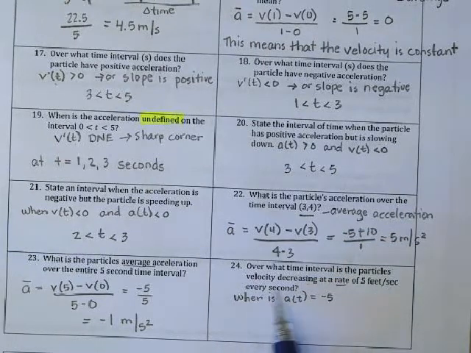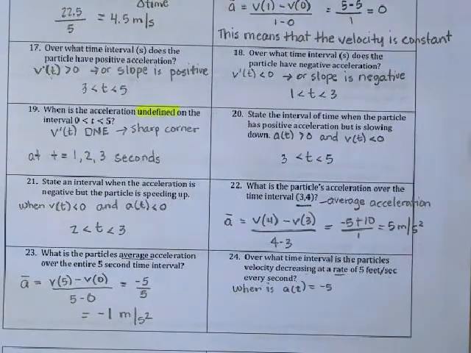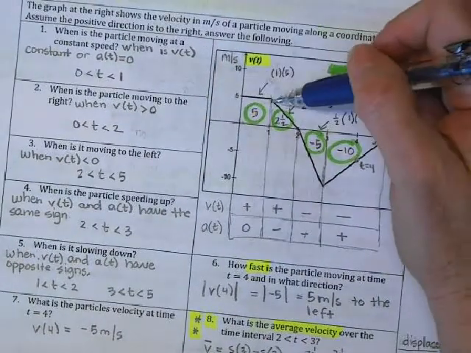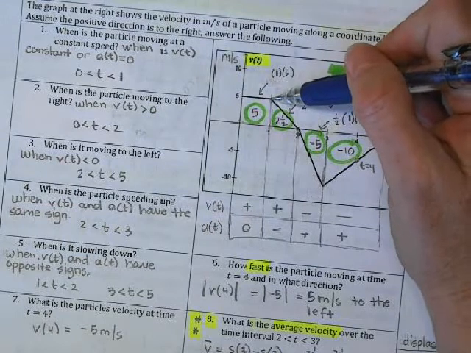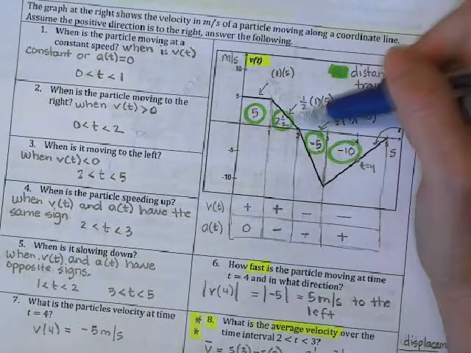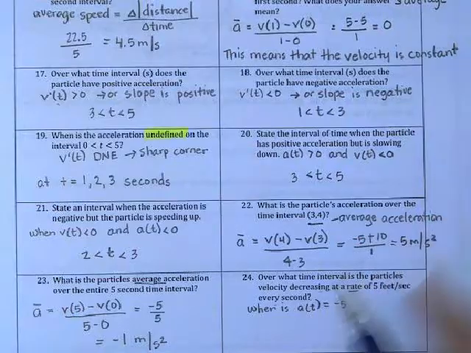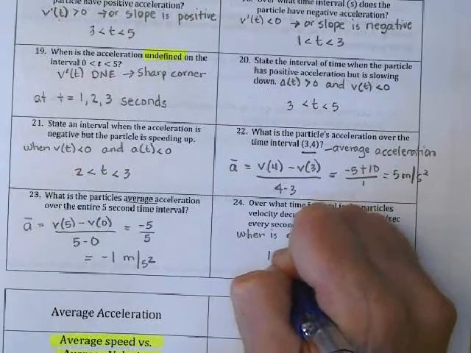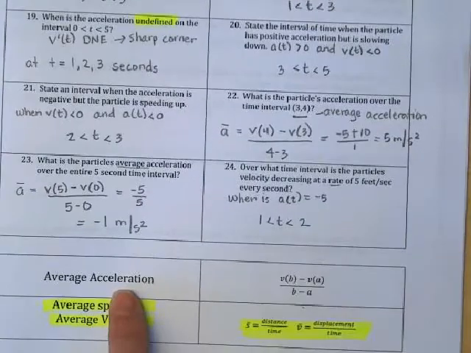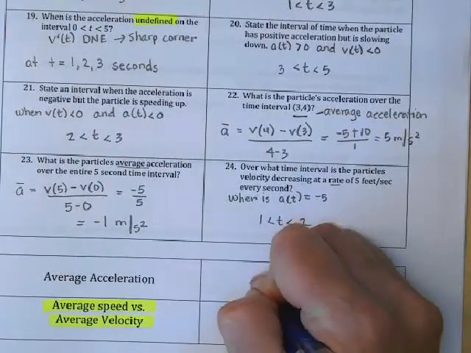If we look in between 1 and 2 right there, I can see that the slope is down 5 over 1. So I'm looking at the slope of that line. I'm going to say between 1 and 2. Oh, and then down here I have the average acceleration. Maybe we should write A.